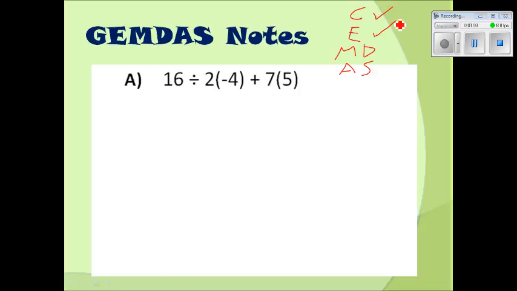Now I can multiply and divide from left to right. Reading this, 16 divided by 2 times negative 4 plus 7 times 5. 16 divided by 2 comes first. So 16 divided by 2 gives me an 8.